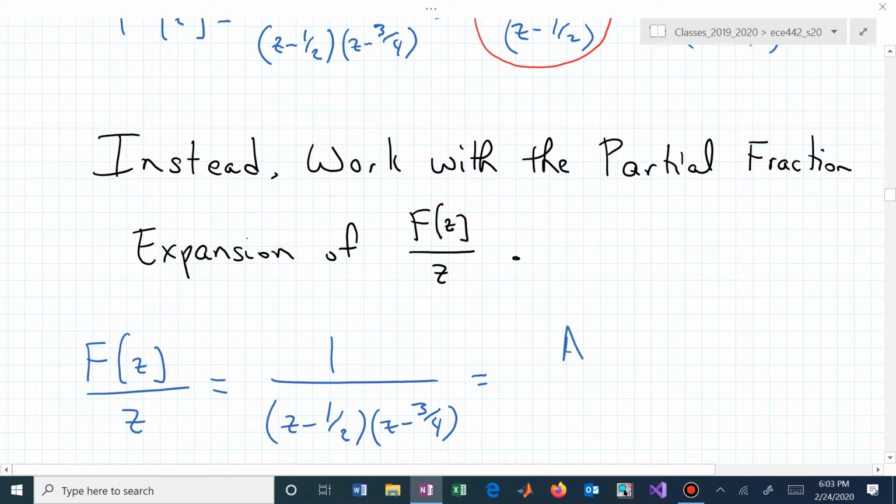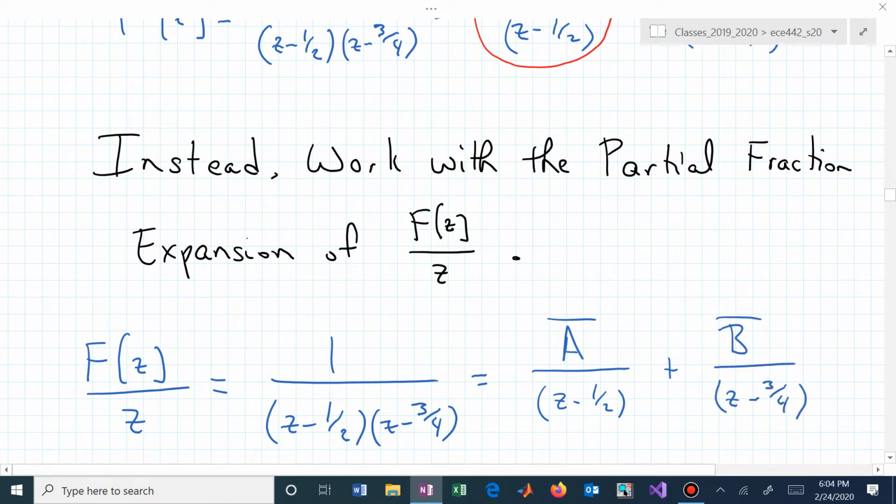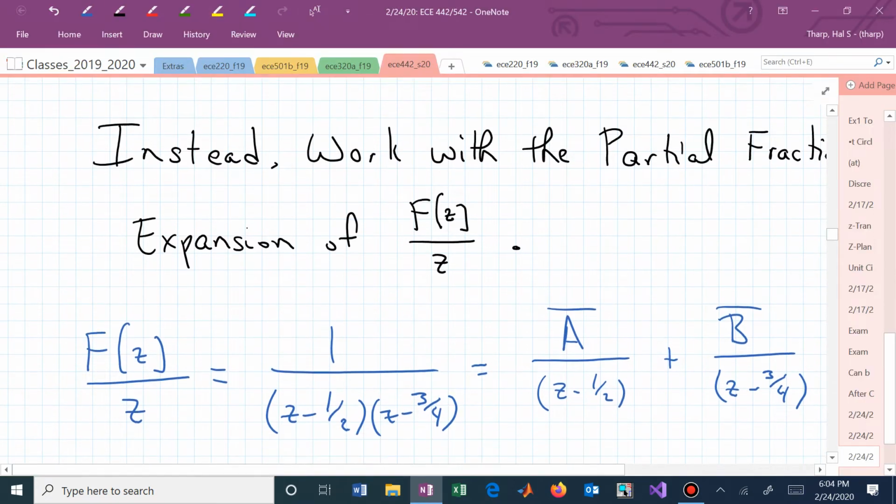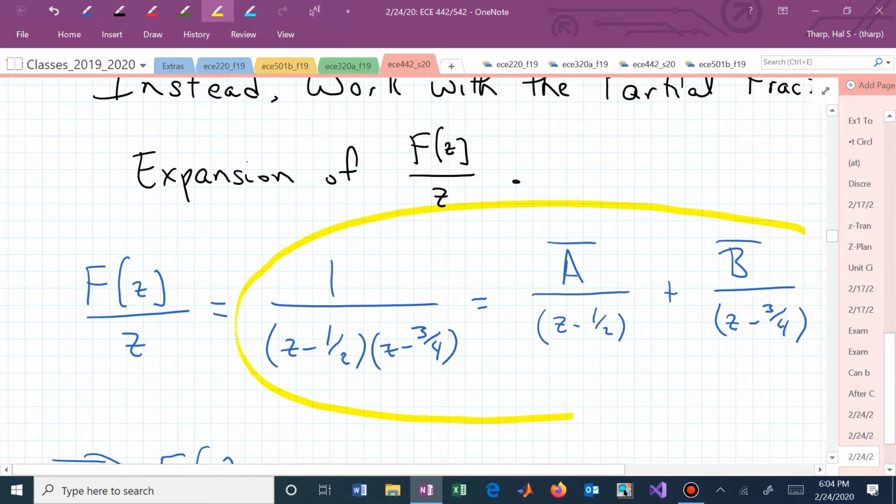This now I could say is just some A bar over z minus 1/2 plus B bar over z minus 3/4. And what we're doing now is we're focusing on this piece of the problem. We find A bar and B bar based on what's highlighted in yellow.